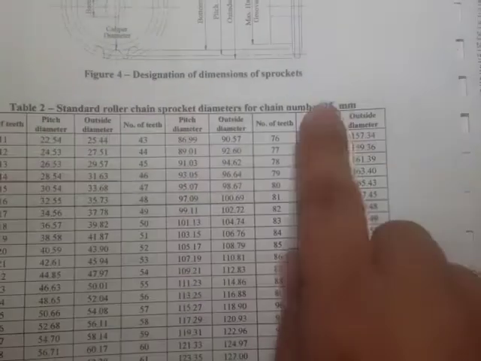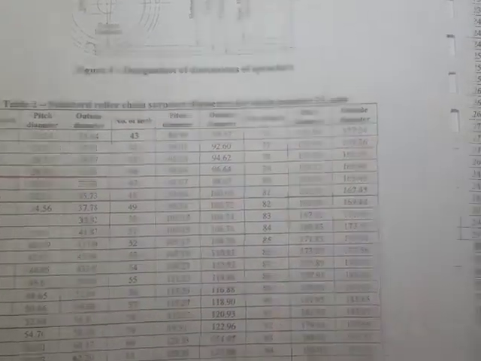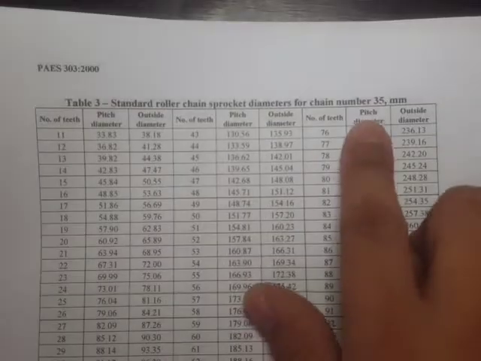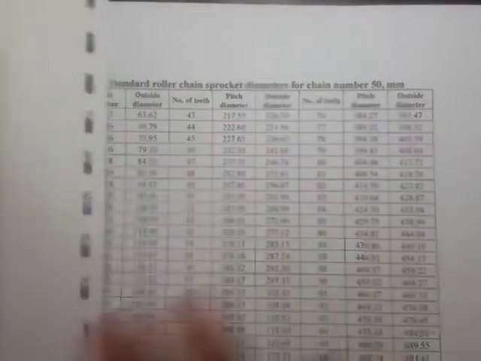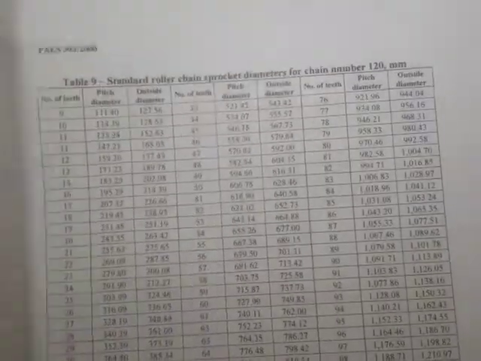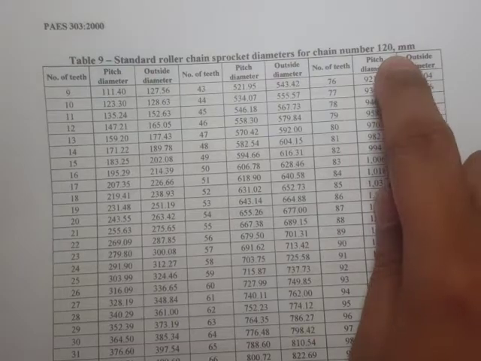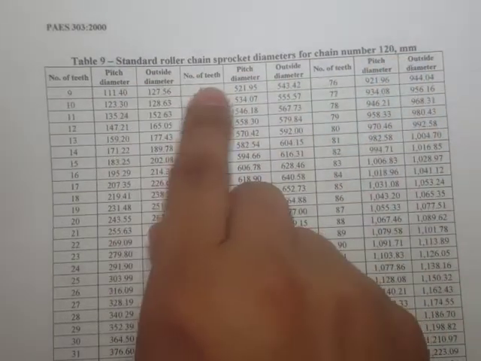Just take note, these are the standard roller chain sprocket diameters for chain number 25. And the next table is for 35. The next is 40, 50, 80, right? That's table 7, and until table 9, that's 120 mm. So that's the standard roller chain sprocket diameters.